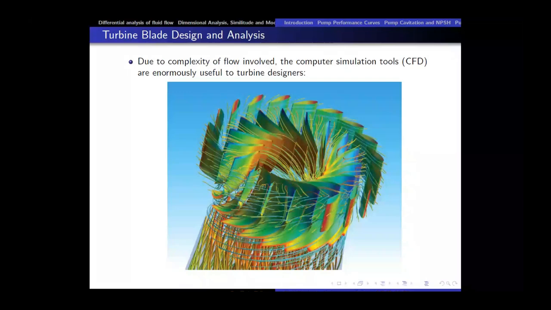Usually in industry, people use these CFD tools to get a better design of a pump or turbine. But as you must have experienced, it is also very time consuming and requires quite large computational resources. So there is always a trade-off between time and computational resources.